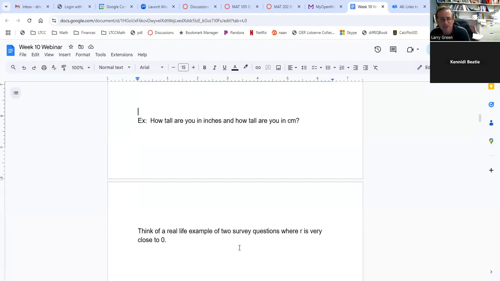How tall are you and your IQ level? That might be very close to zero.